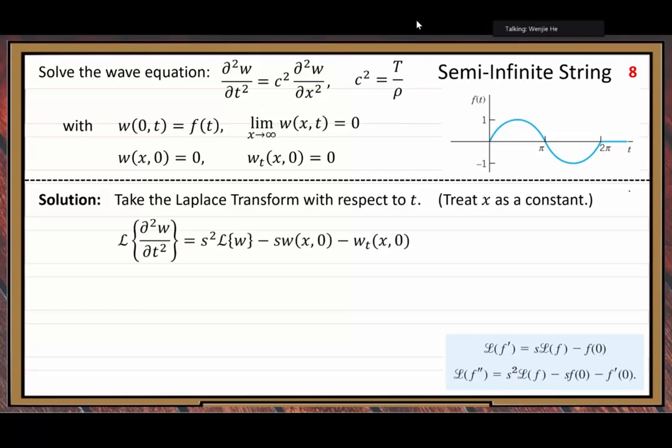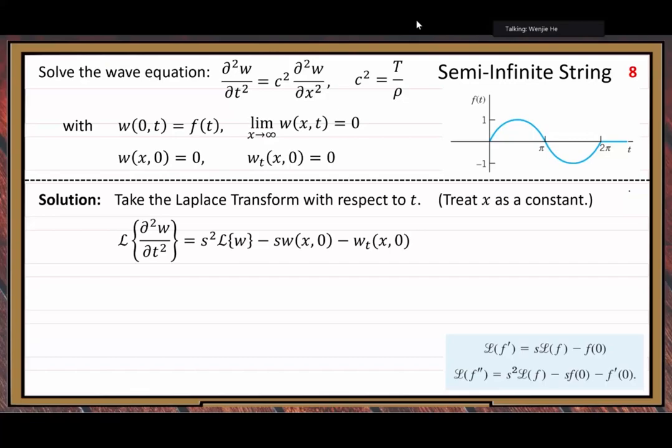Then we apply the Laplace transform on our PDE directly. Left-hand side: w double prime with respect to t. So s squared times L of little w, then the initial conditions, right? The initial conditions are given as 0.